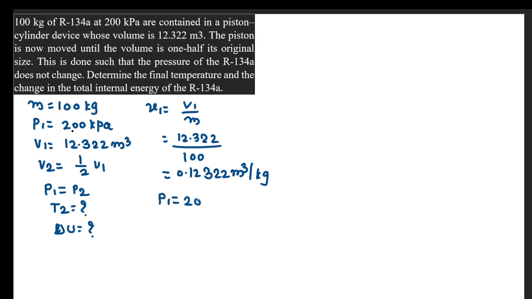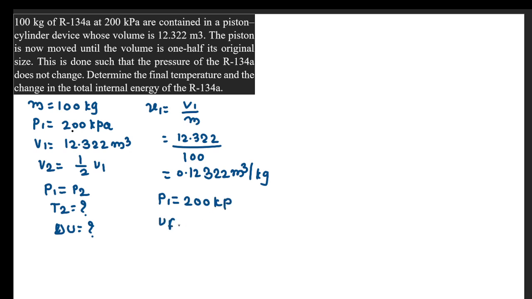Now first we can find out the specific volume v1. So v1 is equal to volume divided by mass, 12.322 meter cube divided by 100. So you will get 0.12322 meter cube per kg. Now we can compare this v1 with vf1 at 200 kilopascal and vg1.